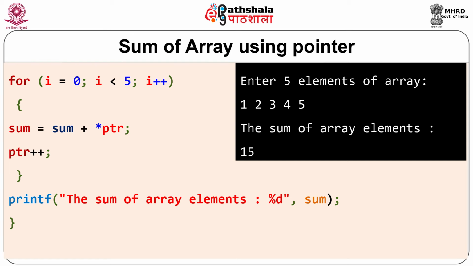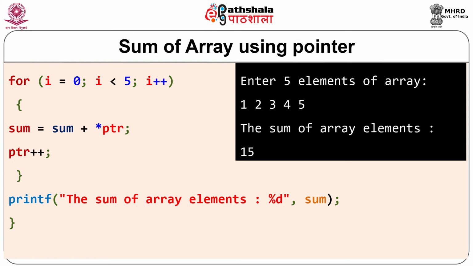So pointer++ means we are incrementing the pointer. In the previous statement sum = sum + *pointer. So initially we considered sum is 0 and now that 0 is added with the pointer value, and after addition of sum with pointer value we are incrementing the pointer by 1.